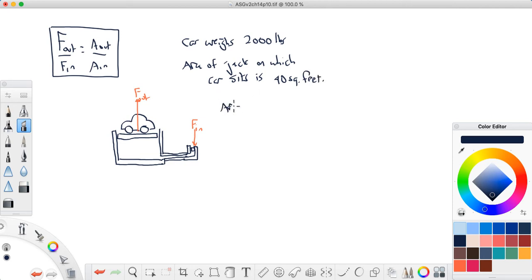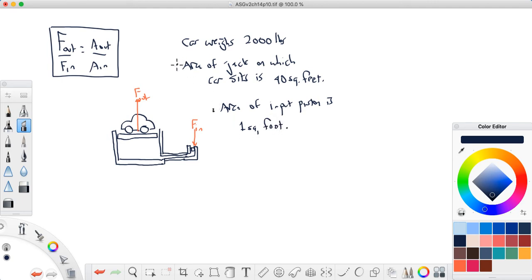And the area of the input piston is, let's say, 1 square foot. These aren't necessarily realistic numbers.